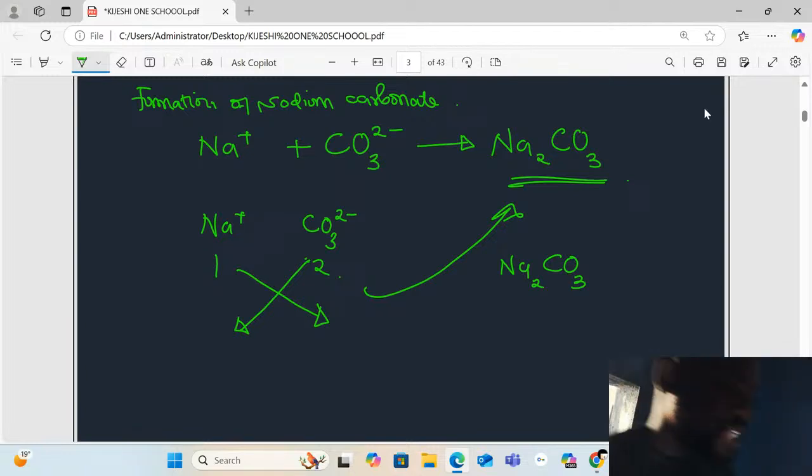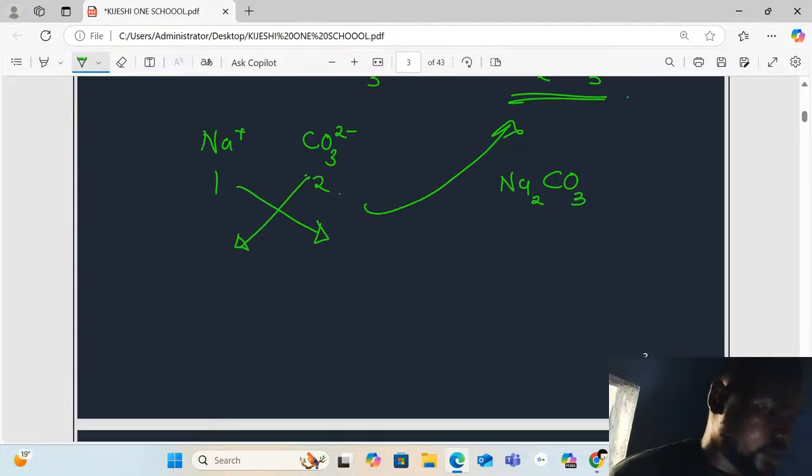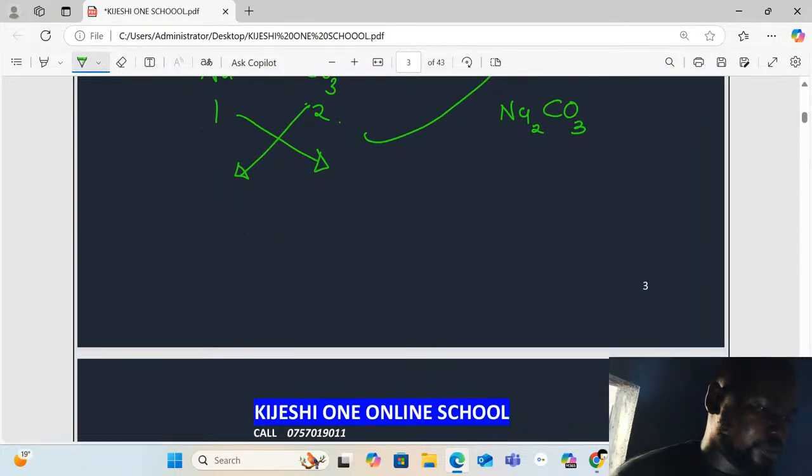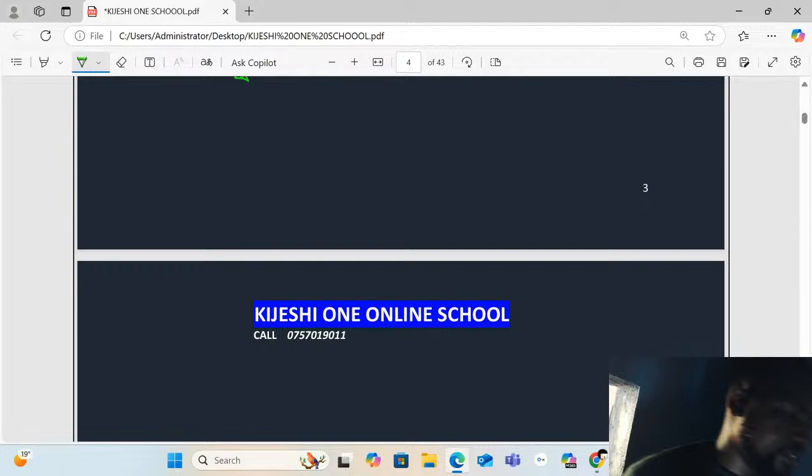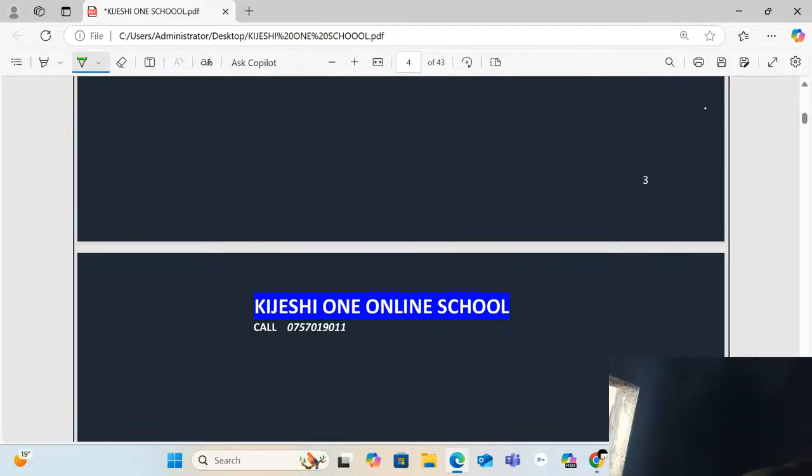Let's have a scenario where we have a radical with a valency of 1. Let's have something to do with formation of magnesium nitrate.